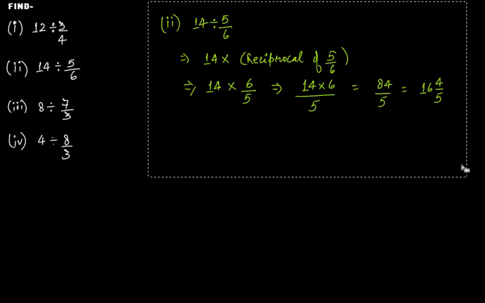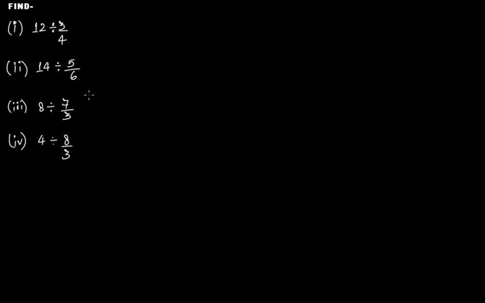Then the third is 8 divided by 7 over 3. Now 8 divided by 7 over 3, this will be 8 multiplied by the reciprocal of 7 over 3.